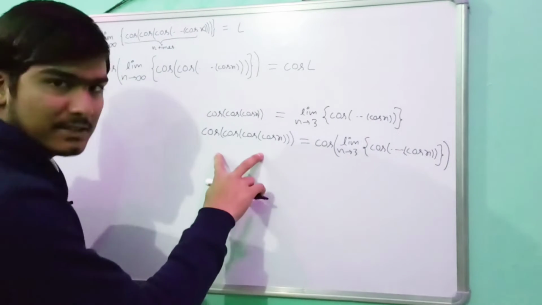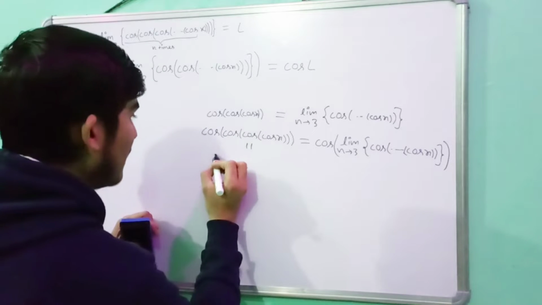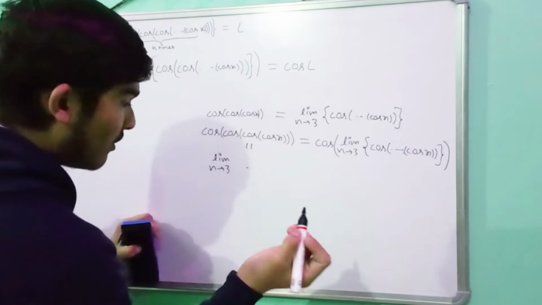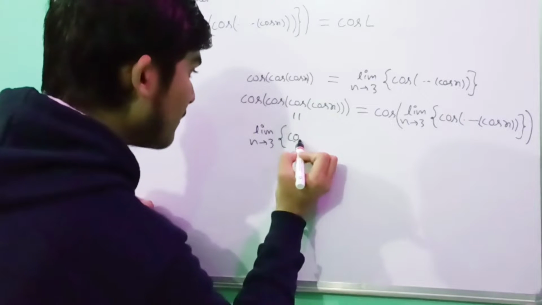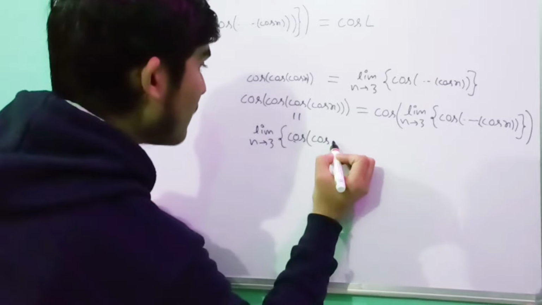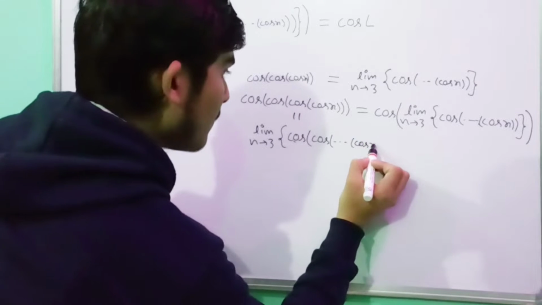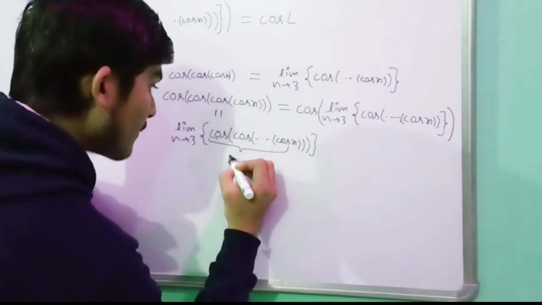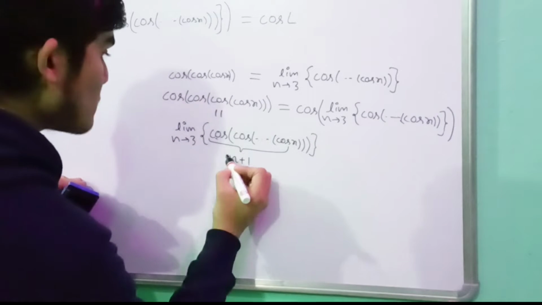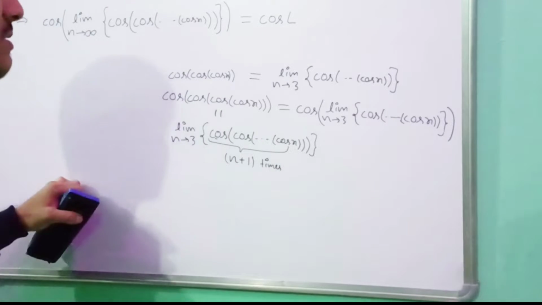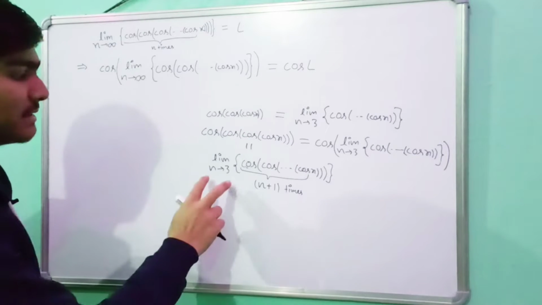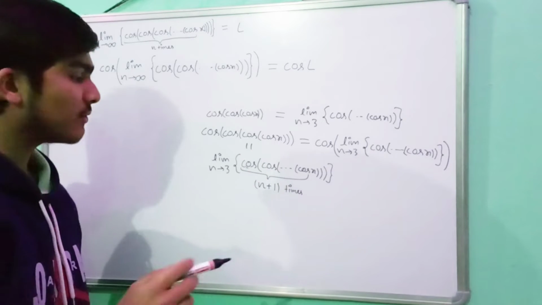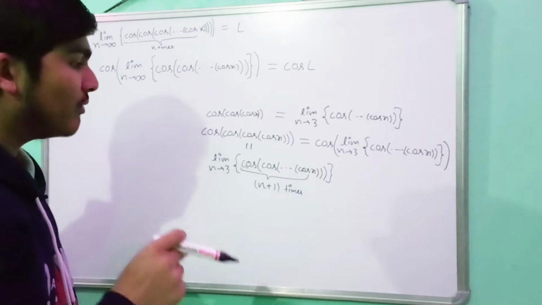Now we can rewrite this expression as the limit as n goes to 3 of cos x, where cos is n plus 1 times.